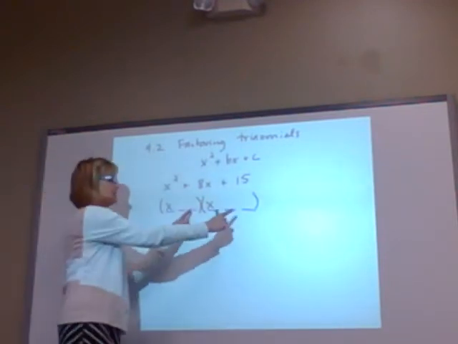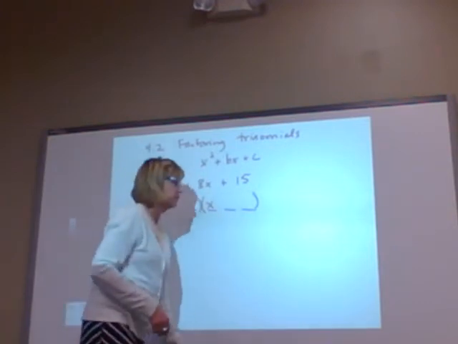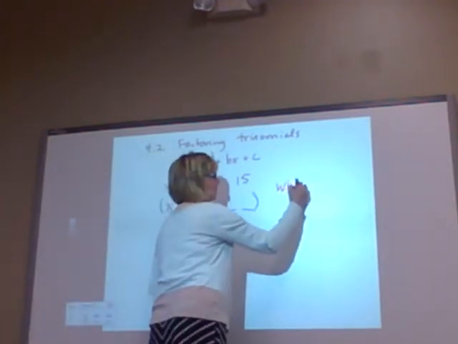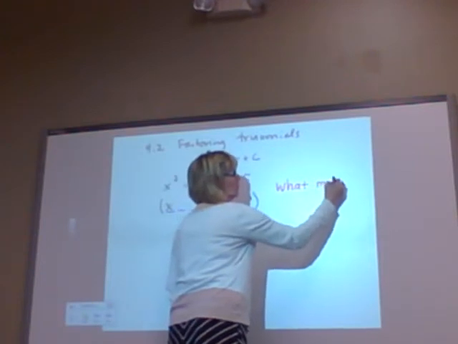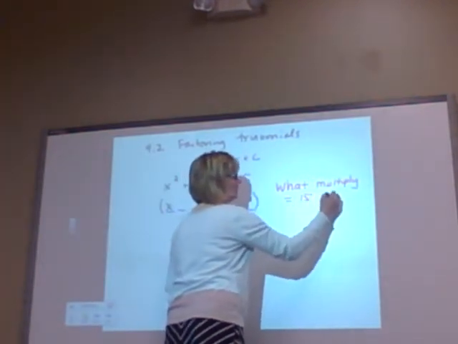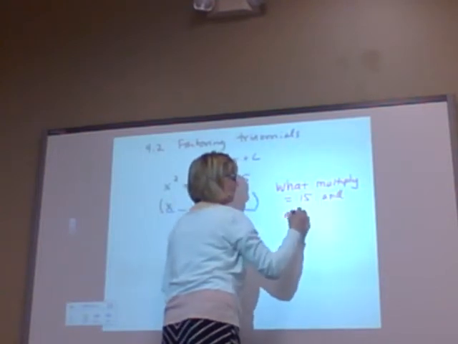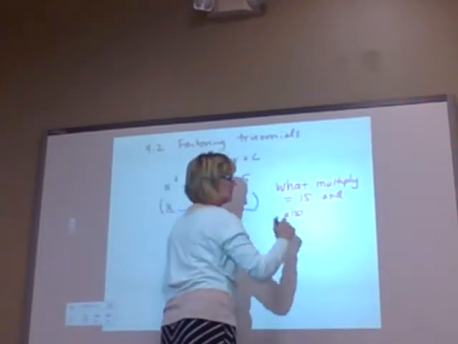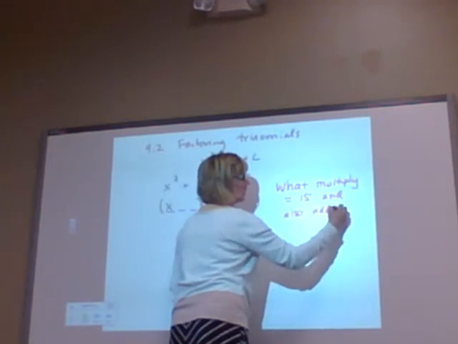To fill in the last part, you're going to ask yourself, what 2 numbers would multiply to equal 15 and also add together to equal 8?